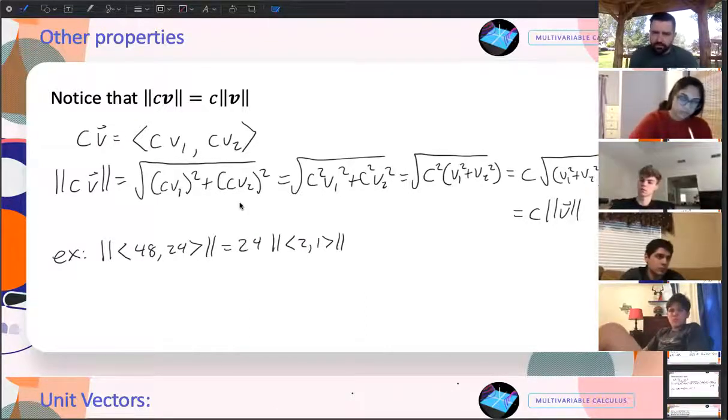The magnitude of 2, 1 is the square root of 5, versus finding the magnitude of 48, 24, so the square root of 48 squared plus 24 squared, which I can't do in my head. So it helps with mental math, with cleaning up your work, with simplifying. This property that you can factor out a common factor, then find the magnitude, and you don't have as large of numbers and weird stuff to deal with.